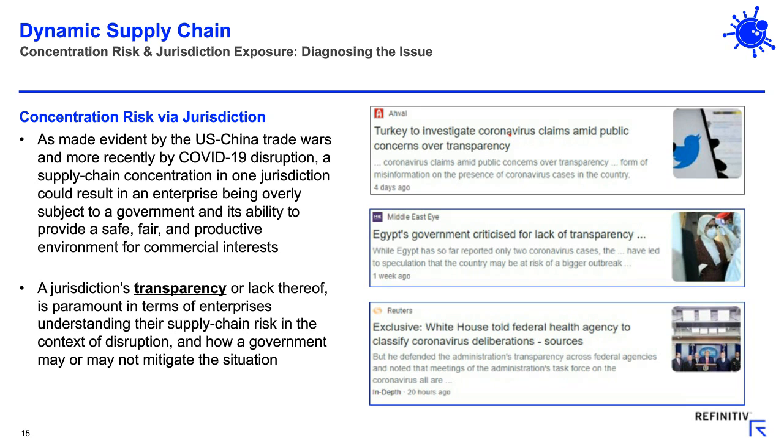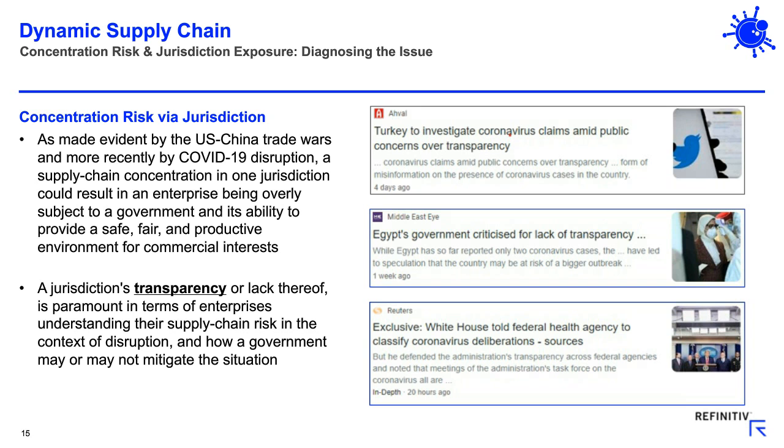First and foremost, for jurisdictional risk, an enterprise should consider the transparency or lack thereof, and how that works in the context of disruption. Specific to COVID, it was obvious early on that there were transparency issues from multiple governments and jurisdictions in terms of response, first in assessing the threat, and in what they were going to tell private enterprises and private citizens to do versus the public intervention.